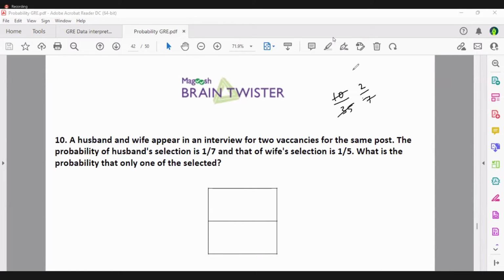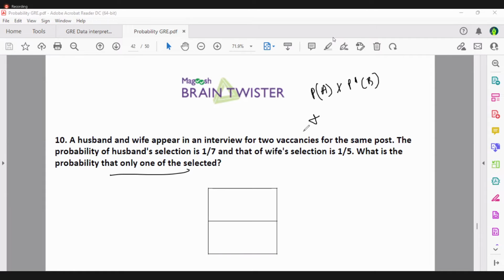Great. So see, it is saying that only one of them is selected. So basically, when husband is selected, then wife cannot be selected. So P of A times P dash of B, that means the opposite, the probability of the wife not being selected, and then plus, since these are mutually exclusive events, when one is happening, the other event cannot happen.